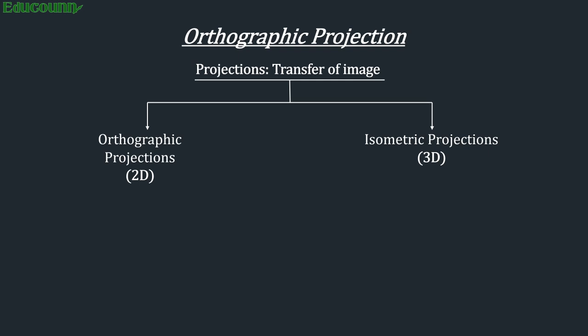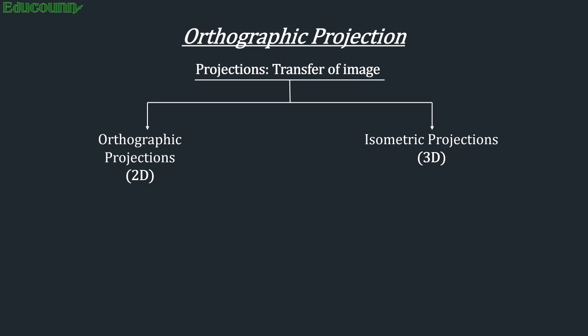So you can conclude here that orthographic and isometric projections are reverse procedures of each other, just like derivatives and integration in mathematics. As it is said that integration is called antiderivative, it is the reverse procedure of derivative. The answer of derivative is a question of integration and the answer of integration is a question of derivative.